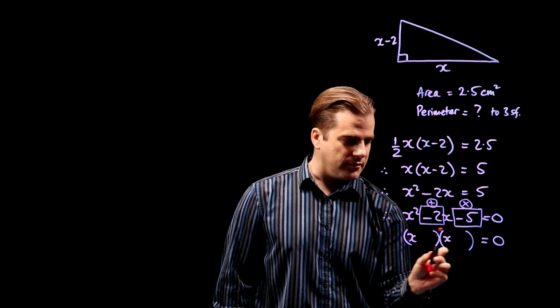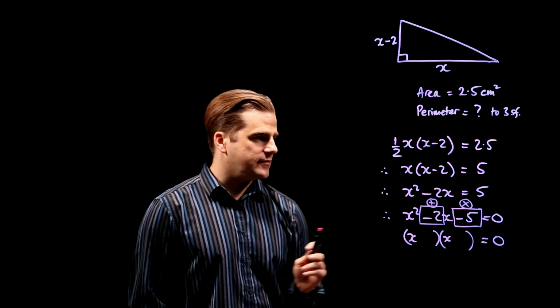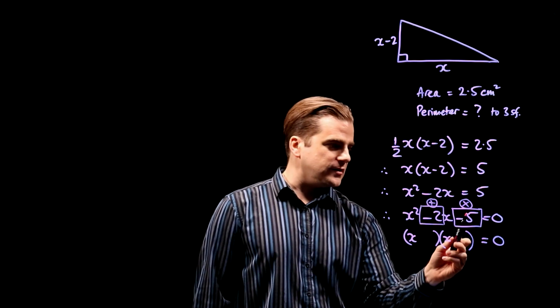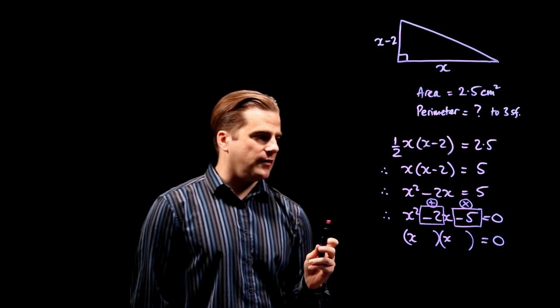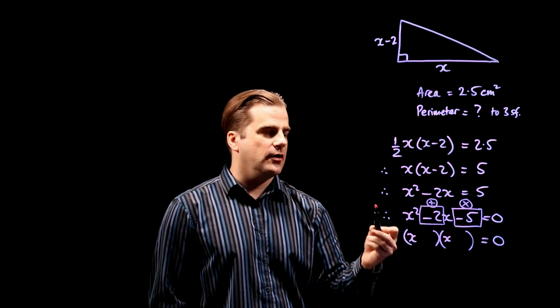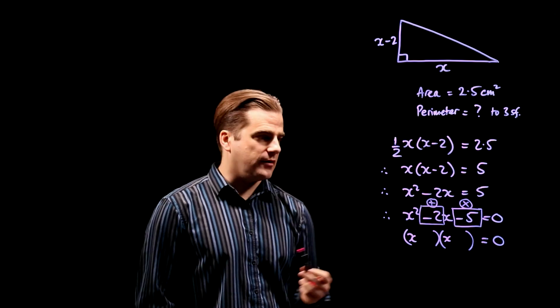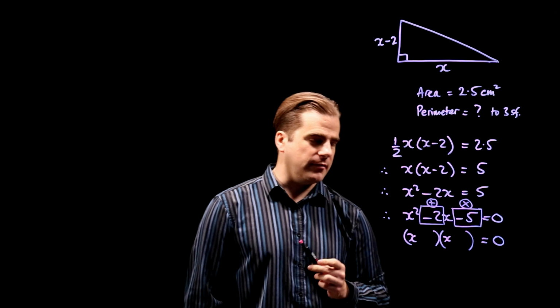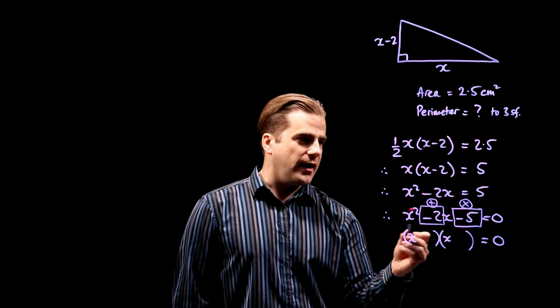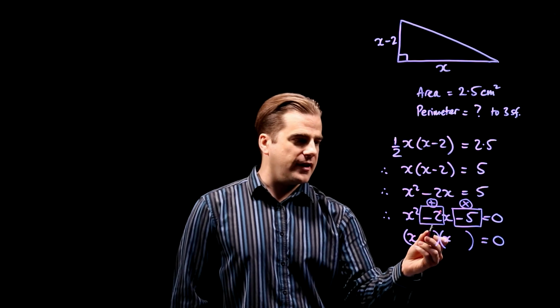Is it possible to come up with two nice integers that satisfy these requirements? Well, the only integers that multiply to give minus 5 is going to be some combination of 1 and 5, like minus 1 plus 5 or plus 1 and minus 5, because 5 is a prime number. And there's no way that you can combine 1 and 5 to get minus 2.